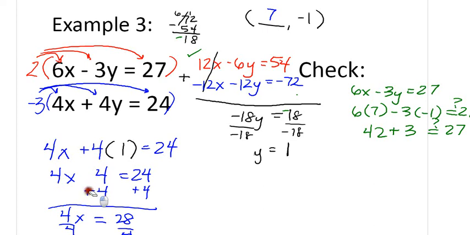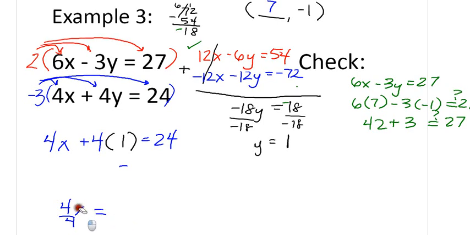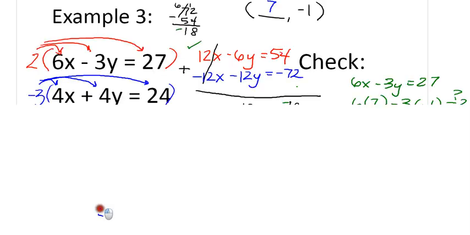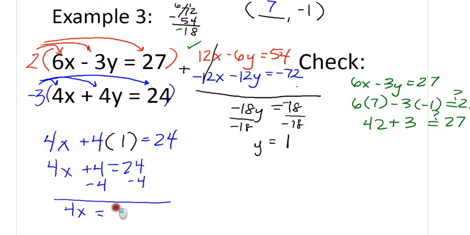So let me just go ahead and do this over again. So then this would be 4x plus 4 is equal to 24. Subtract 4 from both sides. 4x is equal to 20.